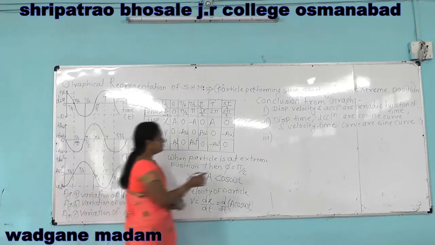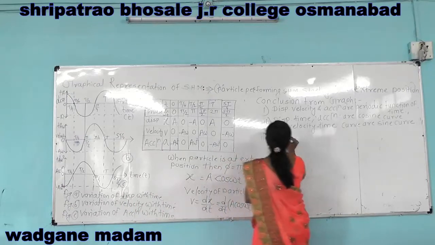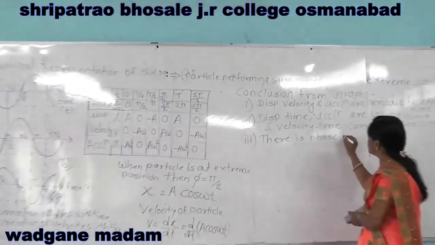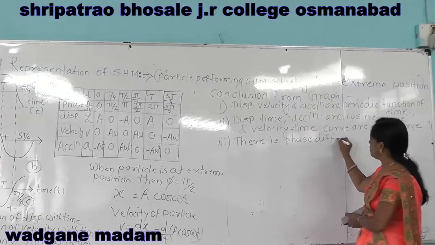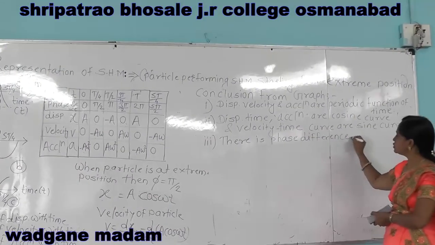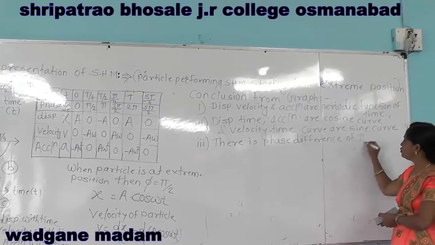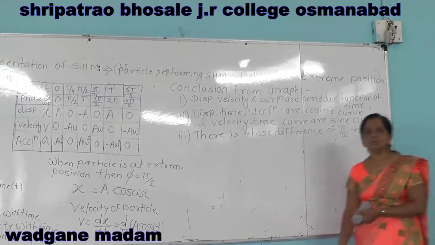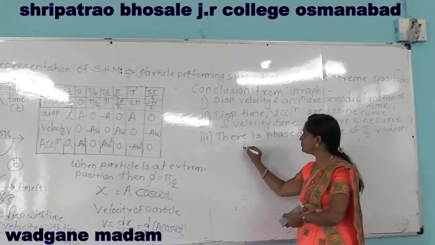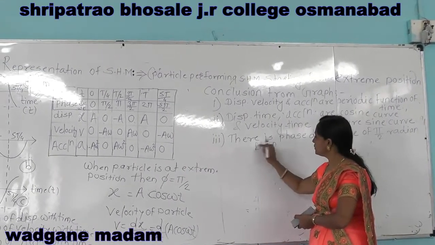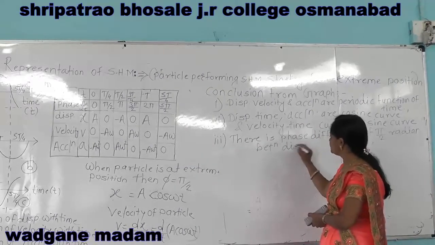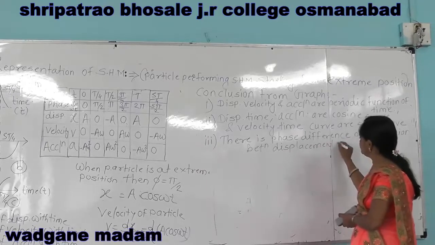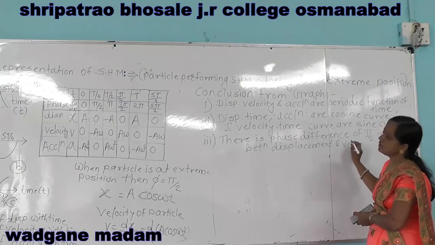Therefore we can write, there is a phase difference of pi by 2 radian between displacement and velocity.